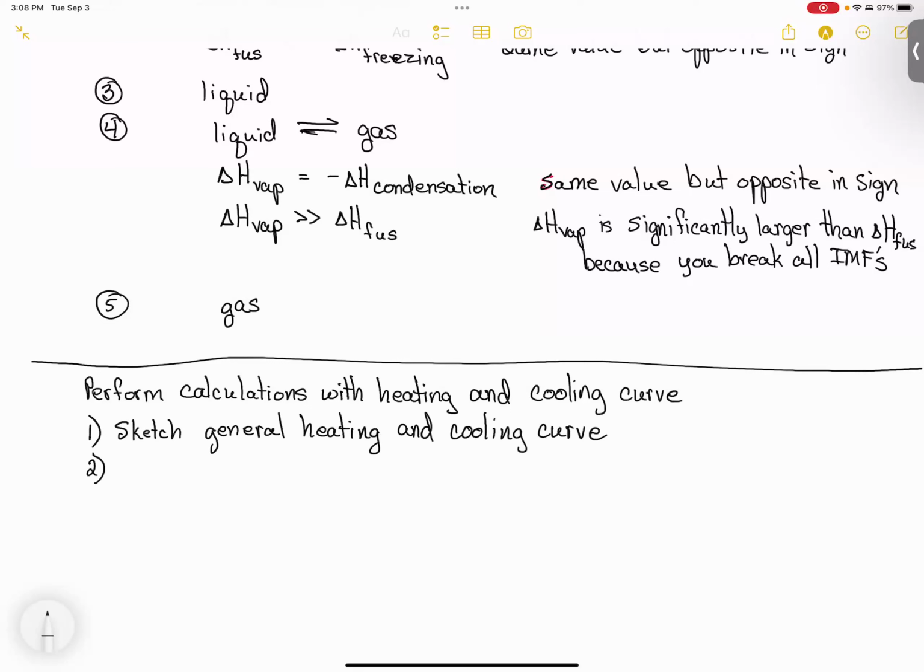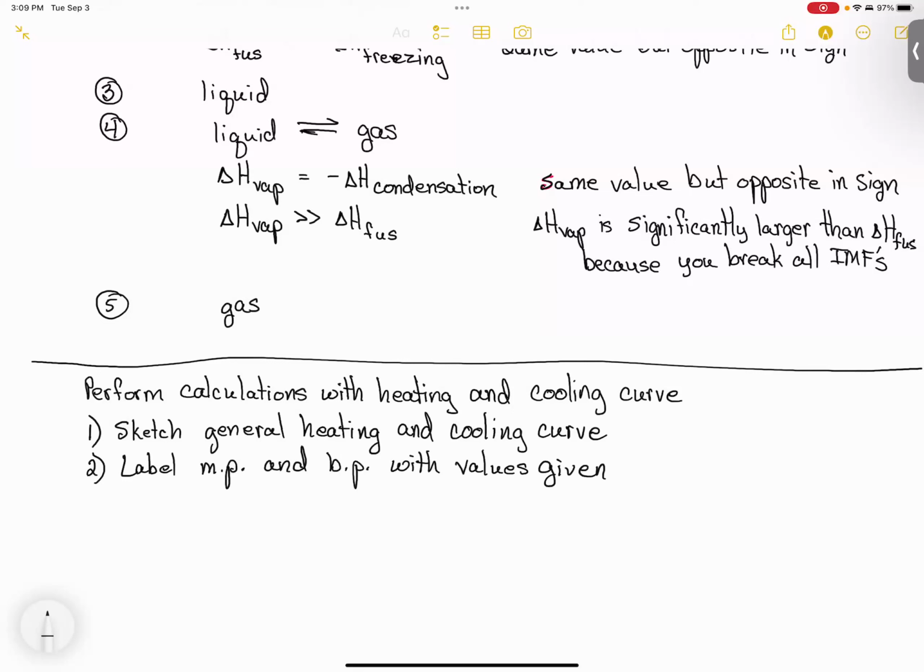The second thing I do is I label the melting point and boiling point with the value given. Now, I should say, let me put one little caveat on this.